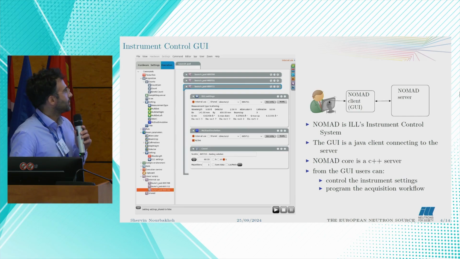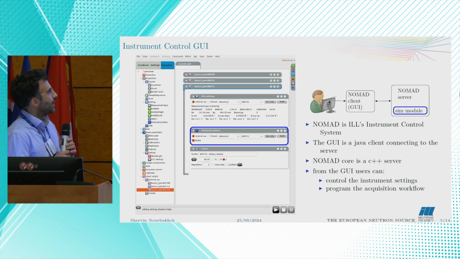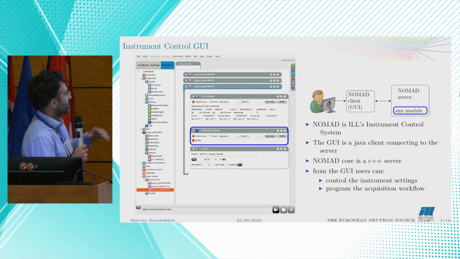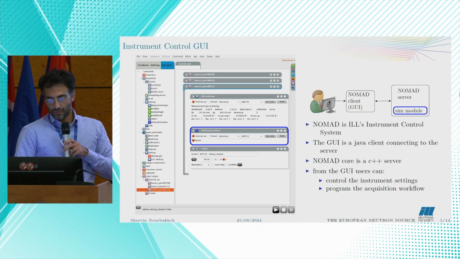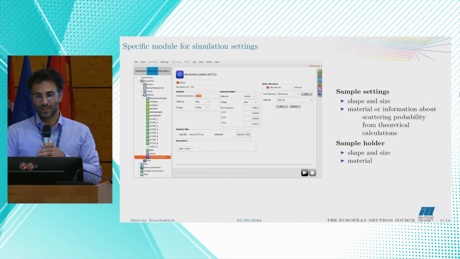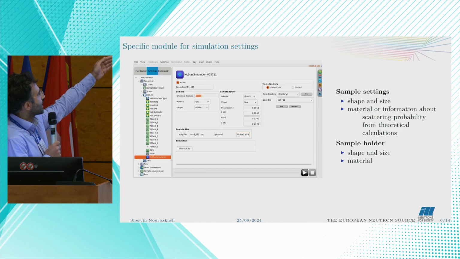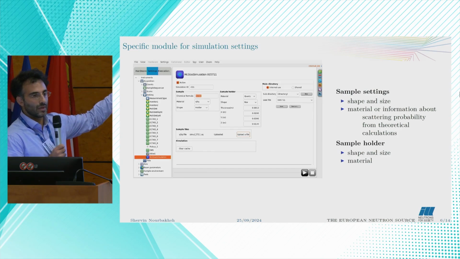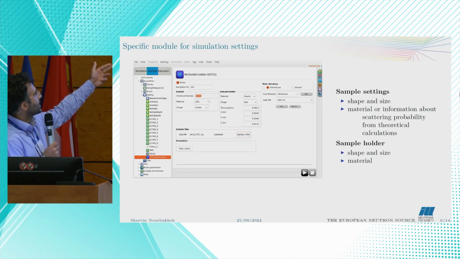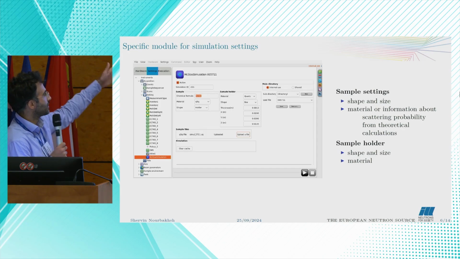For having a digital twin, we needed to add an additional module on the server side. And with this simulation module, you can see what happens in the GUI. You have an additional flag, and for the user to set up whatever is not present in the real data, so the information about the sample, you have an additional tab where the user can enter whatever they know about the sample that they want to simulate, so the shape, the size, the material, and they can provide that for the sample as well as for the sample holder to have some artifacts of the background coming from that, for example.